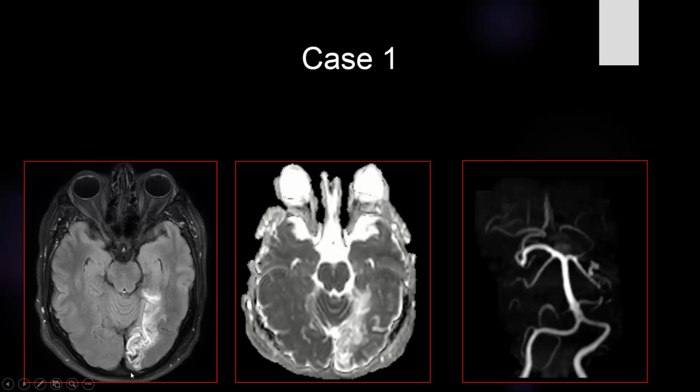In the FLAIR, we can see an area of likely CSF attenuation, but it is not apparent on the FLAIR, while it is well evident on the ADC map. So we must say that this is a left posterior cerebral artery chronic infarction.